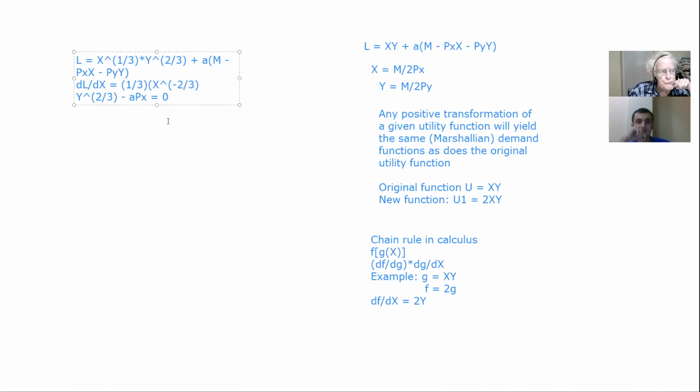And that's a possibility, but it is a real mess. It is messy because the original utility function is complicated, that is x to the power of 1/3 times y to the power of 2/3. Nobody wants to try to solve that.